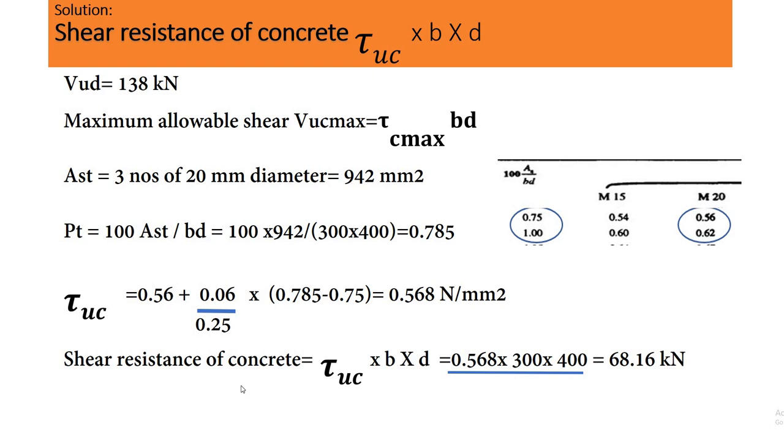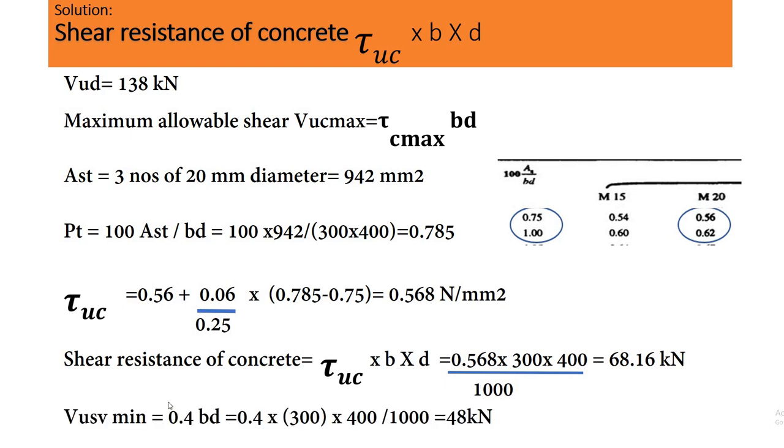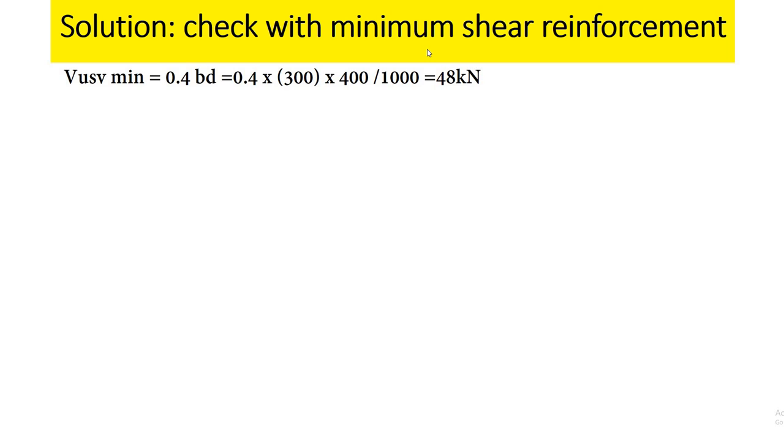Now what is the next step, what do we have to do? Here we have to check whether the minimum shear reinforcement is adequate or not, right? The minimum shear reinforcement according to the code is equal to 0.4 bd. So 0.4 bd is equal to 48 kilonewton, right? So let us check the total shear resistance provided by concrete plus minimum shear reinforcement.